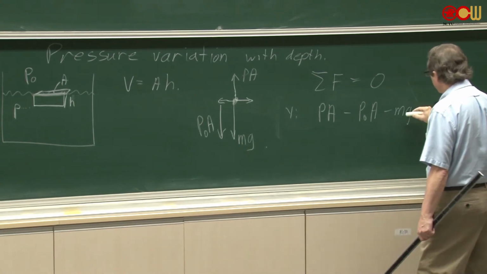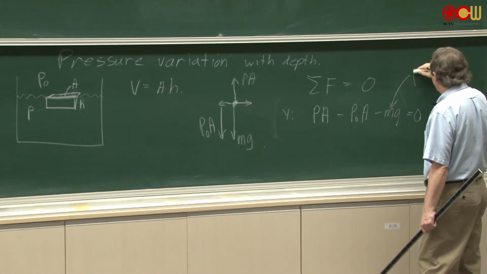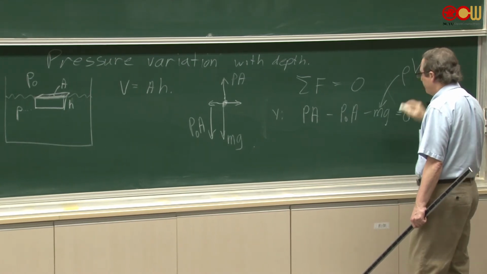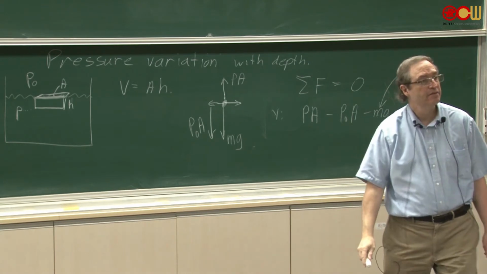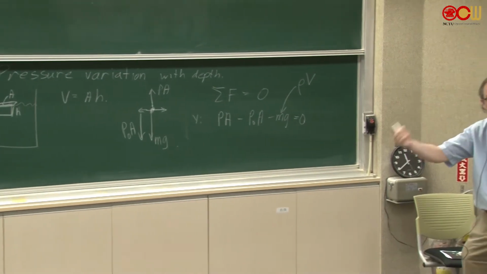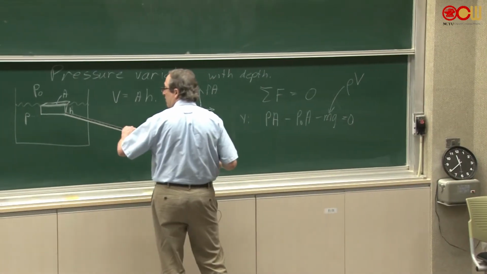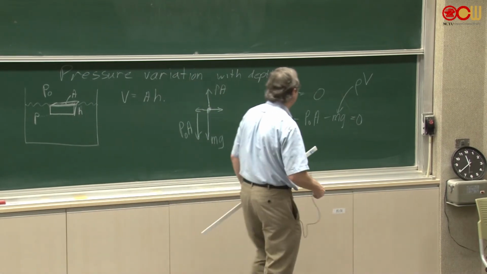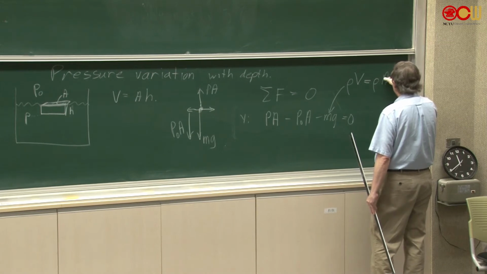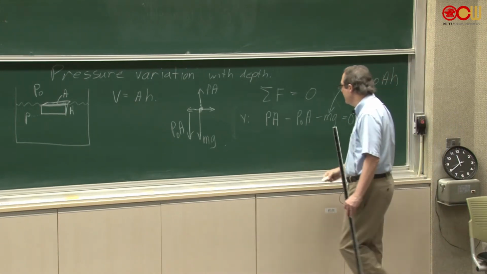Now this mass here is rho times the volume, right? Mass per unit volume times volume. So how much volume is there here? There's A times H. So this is rho A H. Okay, so I stick that in.